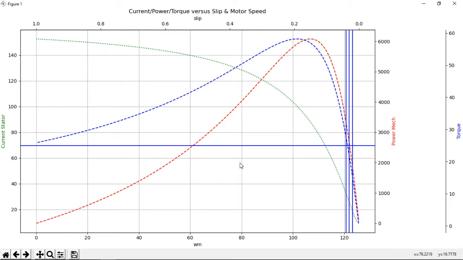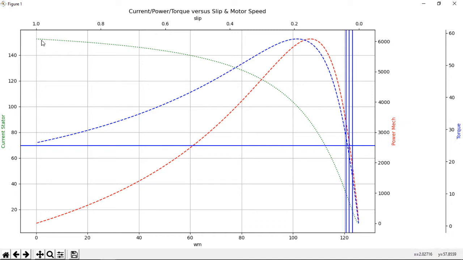Okay, wow, so what do we got here? So we got torque here, which is this blue dash line here. Then we have the mechanical power, which is this red line, and notice that this is peaking out closer to the synchronous speed than the peak torque. So this is the peak torque and this is actual peak power.